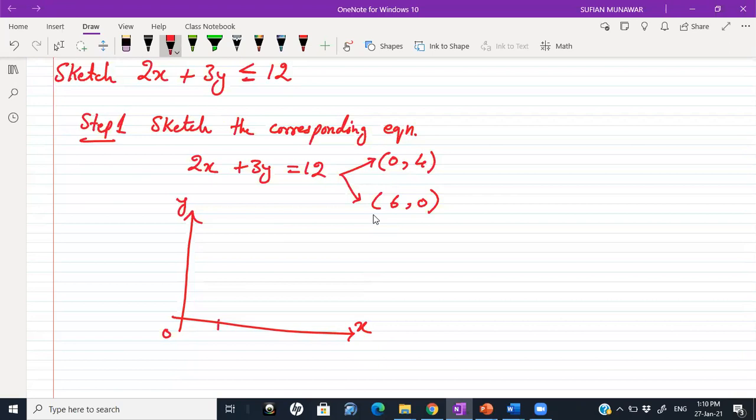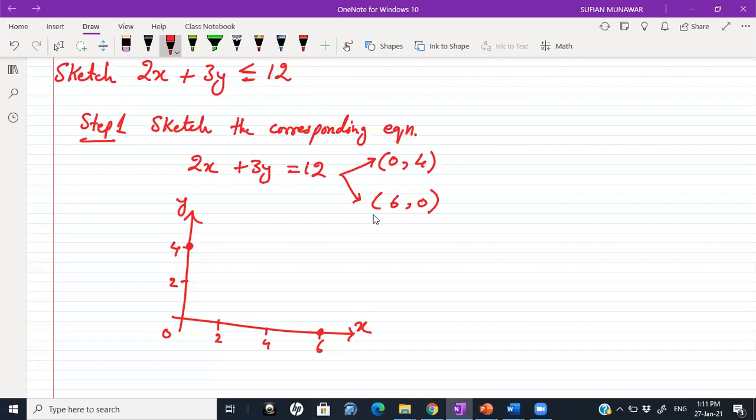The first point is 0, 4, and the other point is 6, 0.